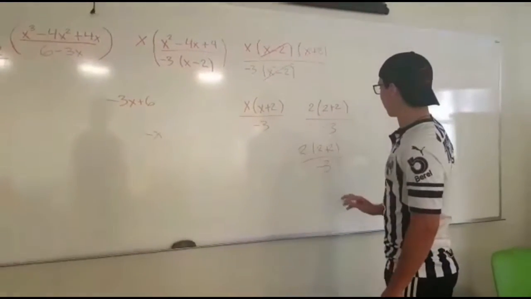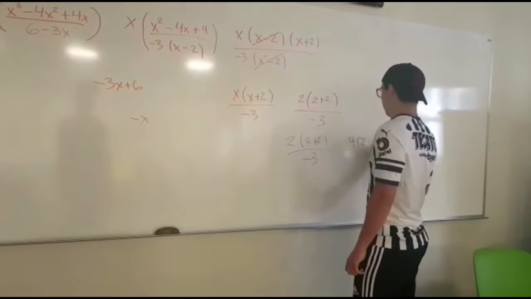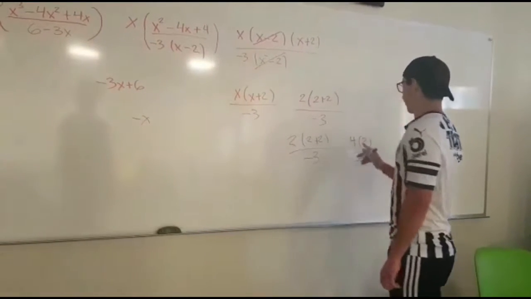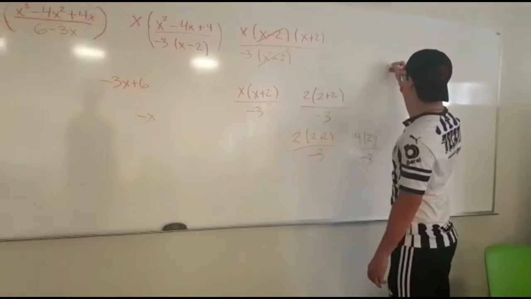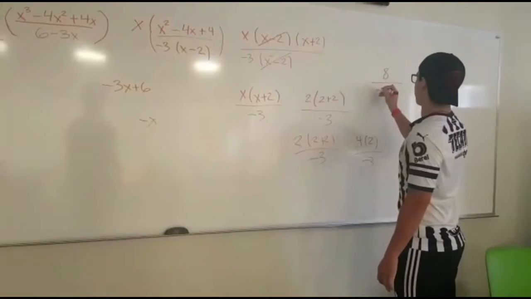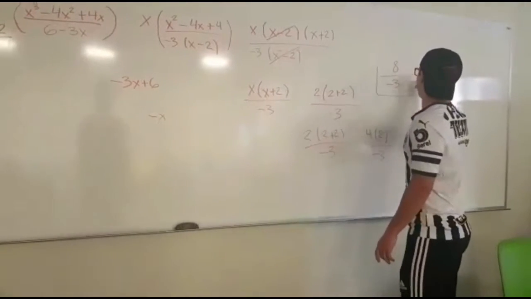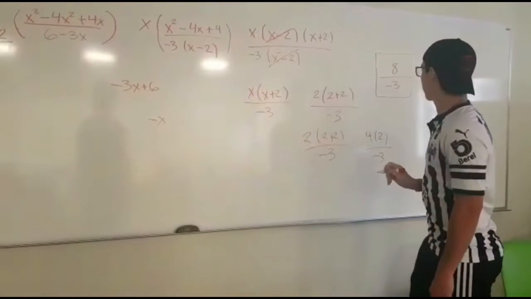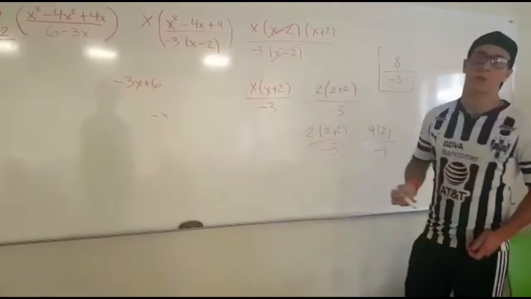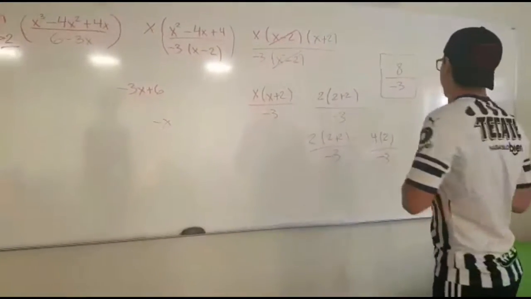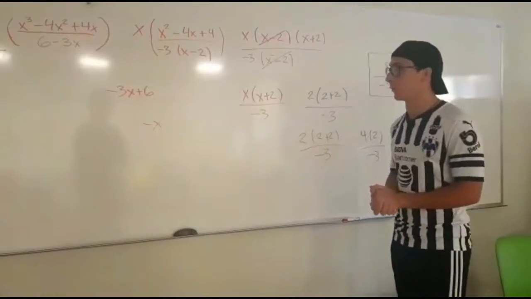So you take out the parentheses, it will be 4. So at the end, the final answer of this tremendously easy problem is 8 over 3, and the 3 is negative. You can leave it as a fraction, you could leave it as a decimal, but I honestly prefer to leave it like that. So that's our first one.